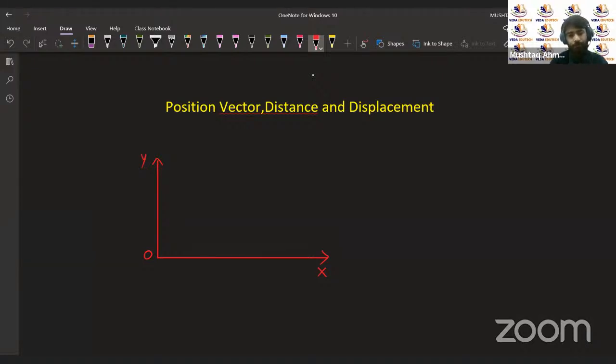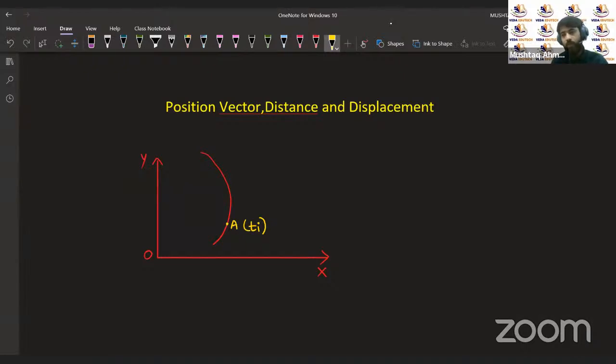So let's suppose that the particle is moving along this curved path, right? Suppose that our particle A was here at this position. Let's suppose at time ti, that's the initial time, our particle was at this position, and we define the position of this particle with respect to the origin of this Cartesian coordinate system.